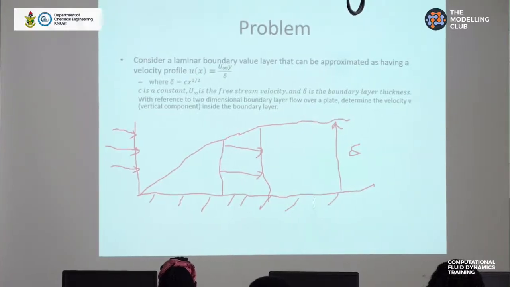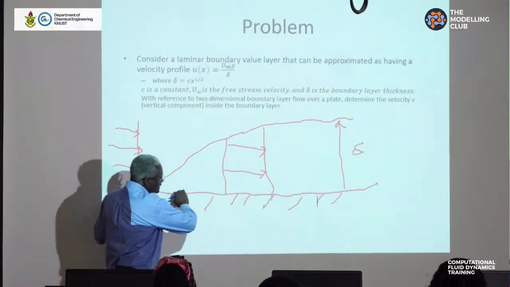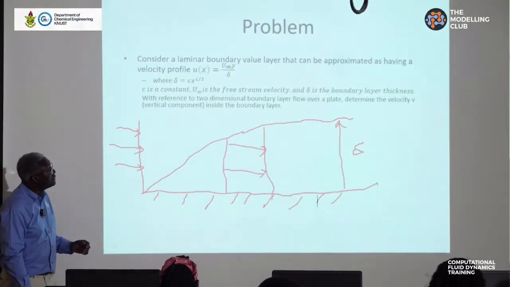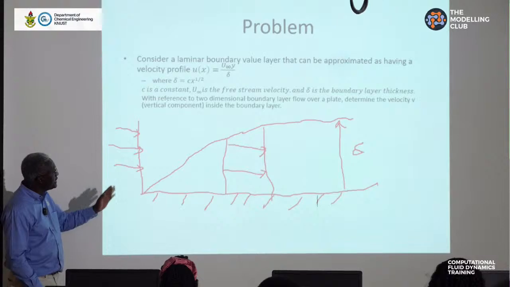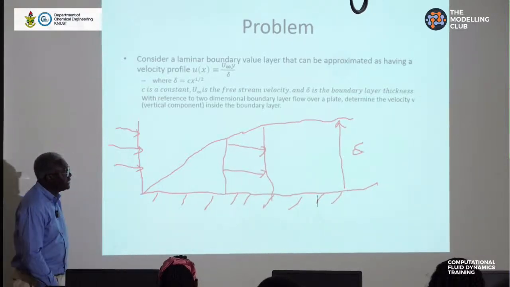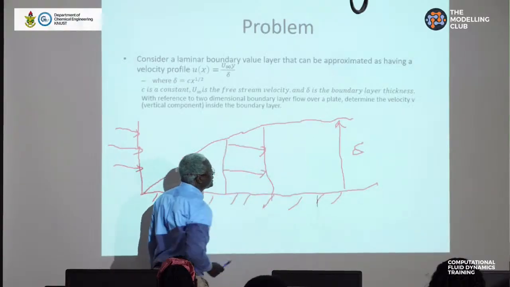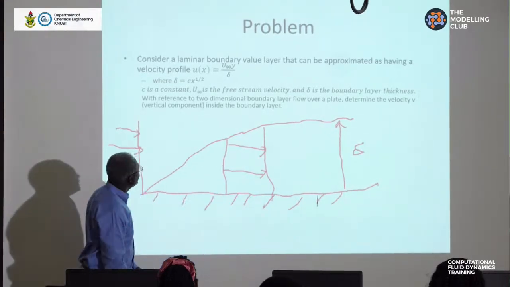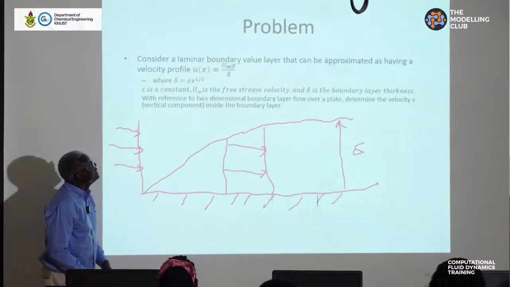Sorry for my unsteady hand resulting in crookedness. But this is a flat plate, flat into the page, and then you have a fluid flowing over it. As a result, you have a boundary layer being developed, and the thickness of the boundary layer del is given by C x to the 1/2.